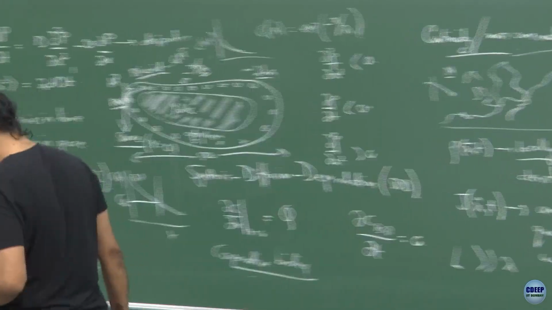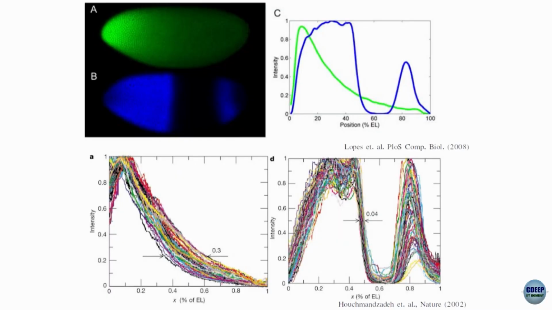So, this is a nice piece of work which shows that although of course there is noise, this is the bicoid intensity, and the bicoid intensity profiles have some spread. If you were to do it over multiple embryos, you would get some spread, but the thing that responds, this is I think hunchback, has a much tighter band.